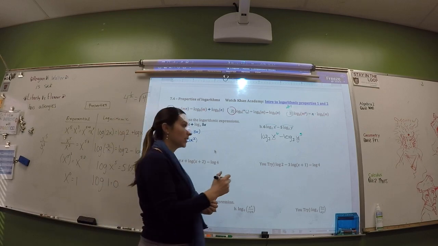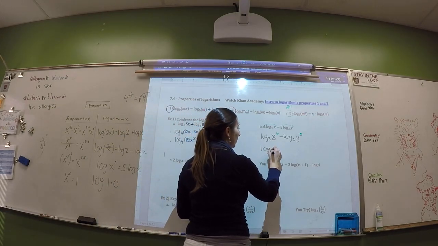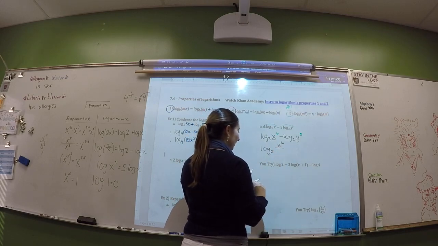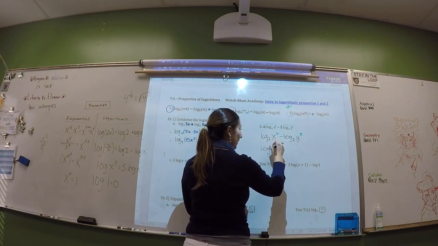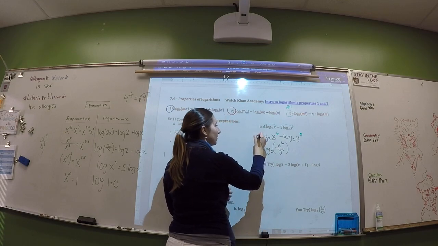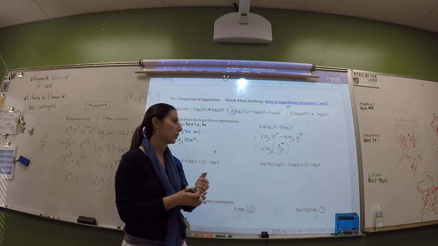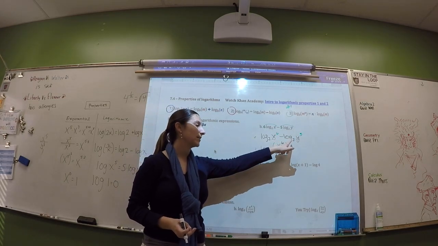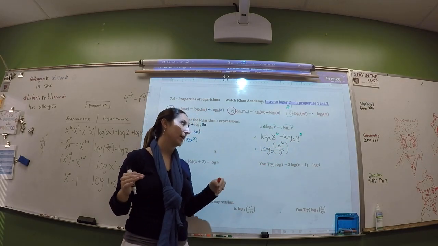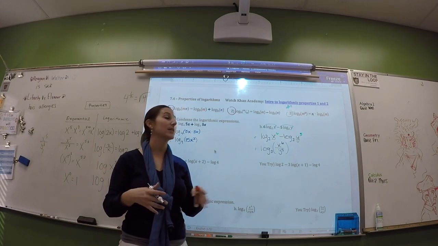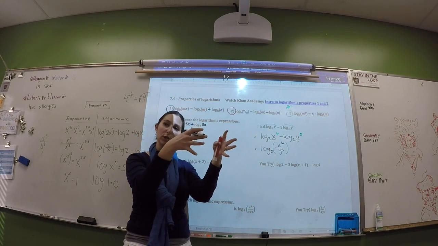Whatever comes first is going to go in the numerator. Whatever comes second is the denominator. So x to the 6th, since it came first, goes on top. And then y to the 5th, since it came second, goes on the bottom. So we have x to the 6th over y to the 5th as part of a single logarithm instead of 2 separate ones. Squish, one single.